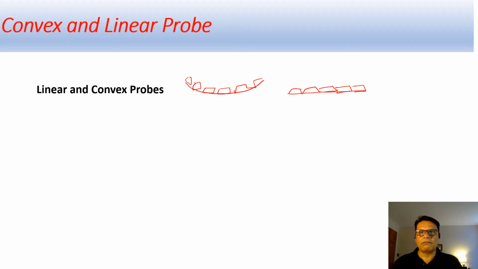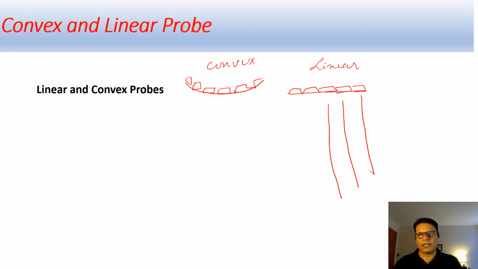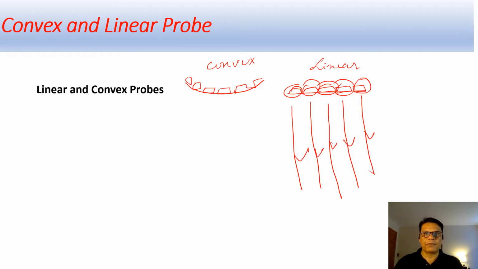And linear transducer produces vertical scan lines, and these scan lines are originated from different crystals, and these scan lines move in the same direction.